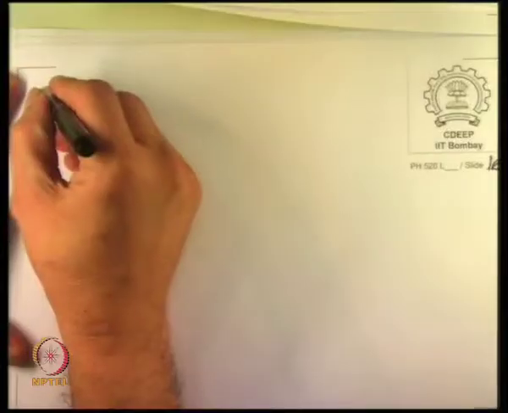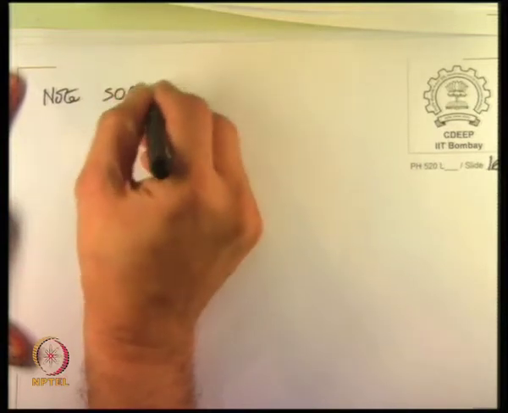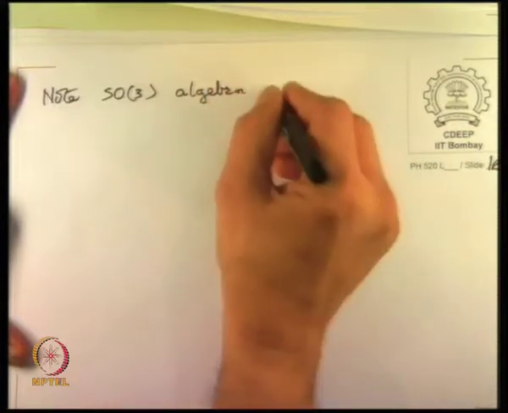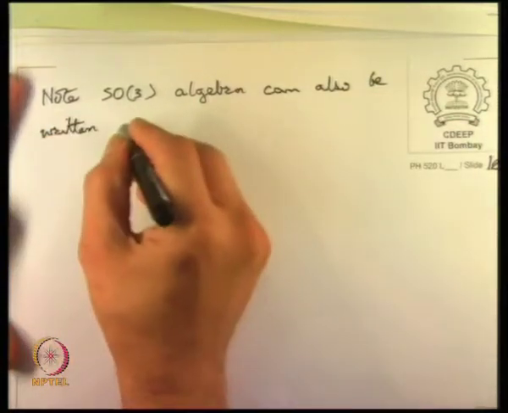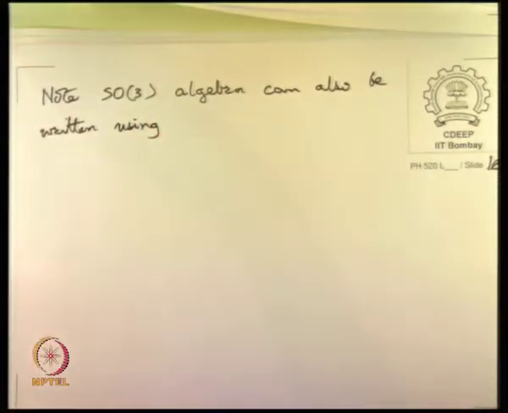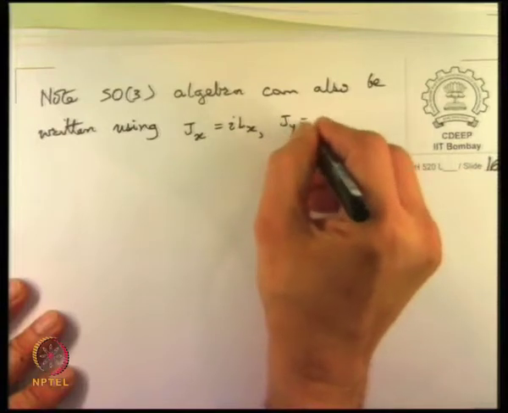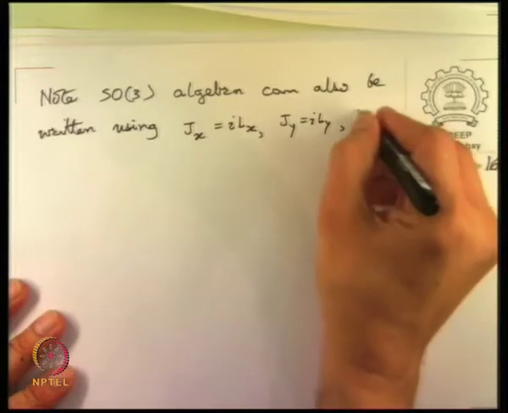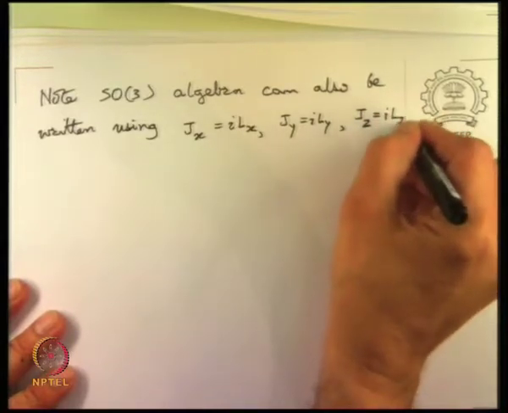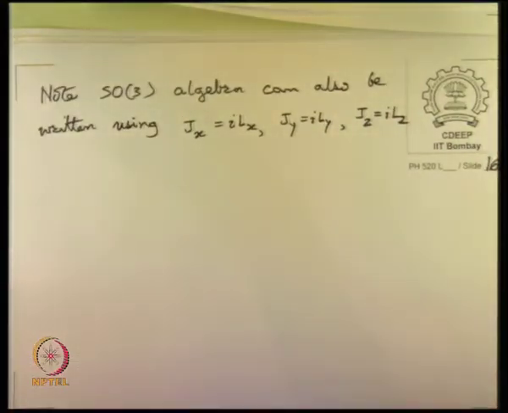The other important group is SU2. So note the SO3 algebra can also be written using J equal to I times L. When we were simple minded, we tried to get out of complex numbers by picking out the real parts.